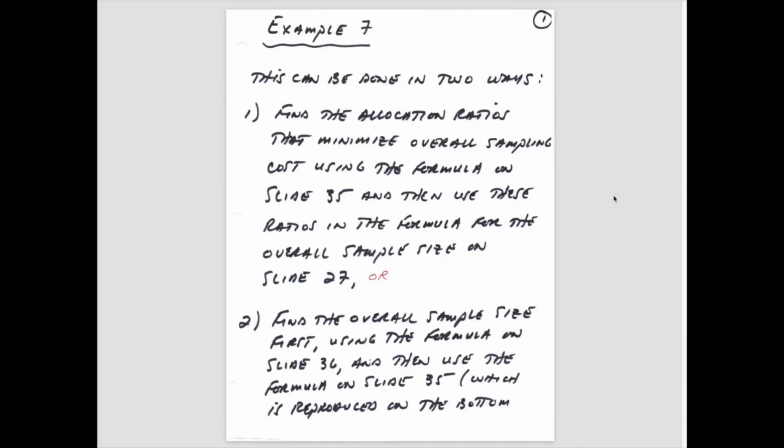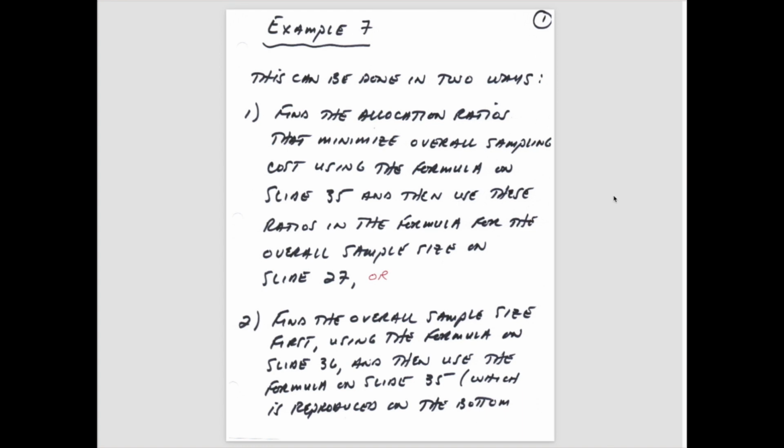Okay, now this can be done in two ways. The first way is to find the allocation ratios that minimize the overall sampling cost using the formula on our previous slide, and then to use these ratios in the formula for the overall sample size on slide 27, way back, that very first slide that we looked at in this lecture video.